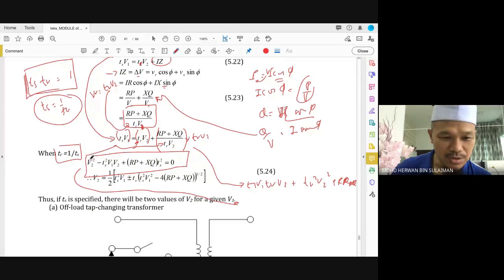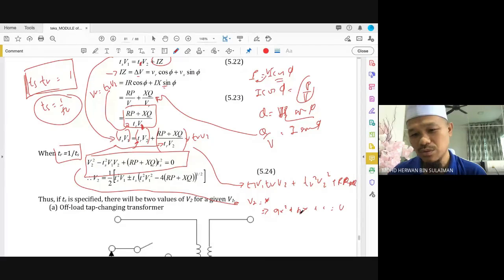Where V2 is your X. We can say that it looks like ax square plus bx plus c equals to 0. Remember when you learned about the quadratic at your secondary school? Ax square plus bx plus c, right?